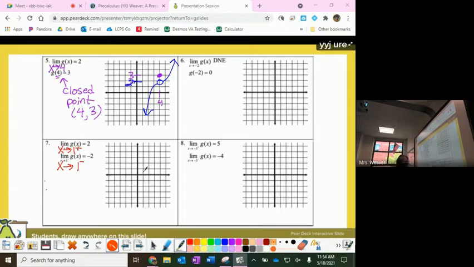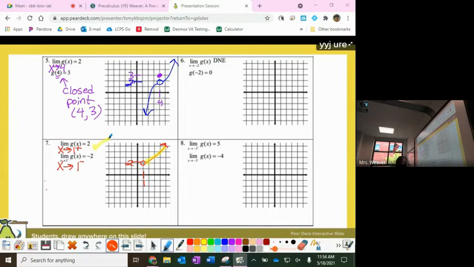So at +1, as we approach from the right, it needs to be approaching +2. So I'm going to do this like that. You can do whatever you want. So far, as I approach from the right, it is headed to +2. That takes care of that. Okay.